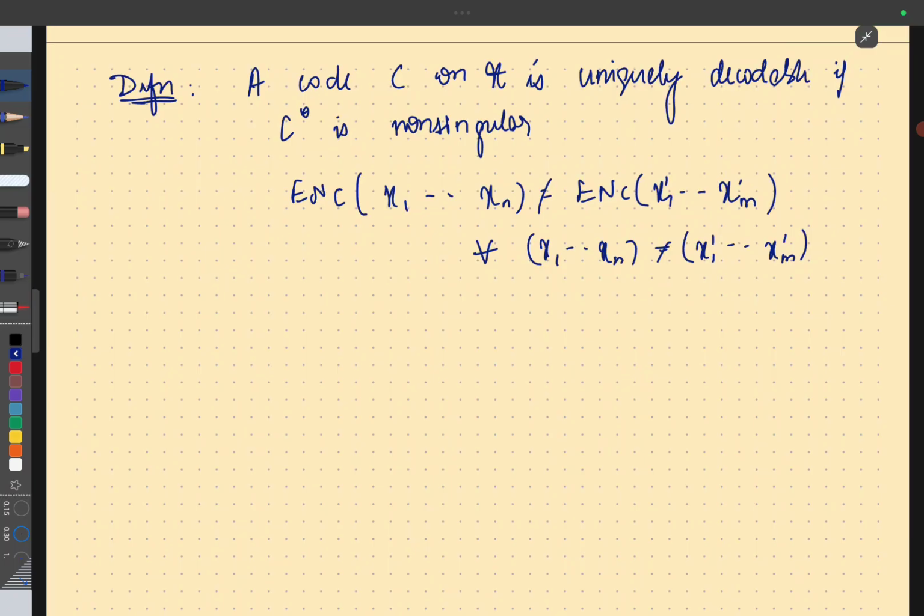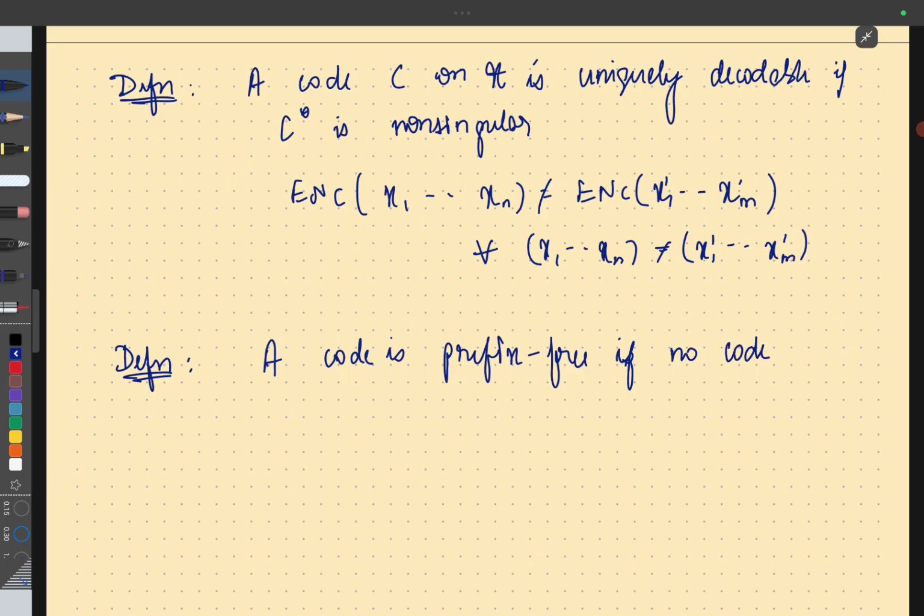Now, along these lines, I'll demand another constraint. I'll say that a code is prefix free if no code word is a prefix of any other code word.